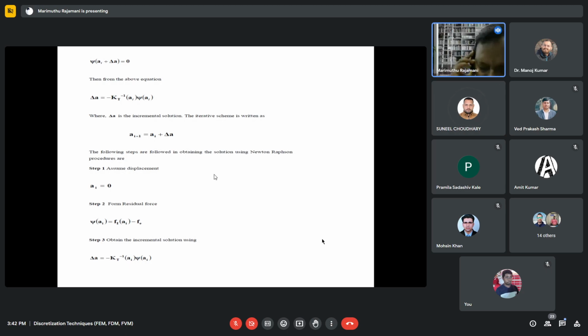Actually, normally what is done is you model something and then you refine the mesh, and you go on refining the mesh, and where the previous results and the present results match, that is taken as the results being correct.